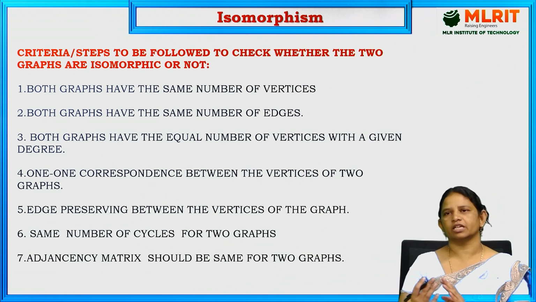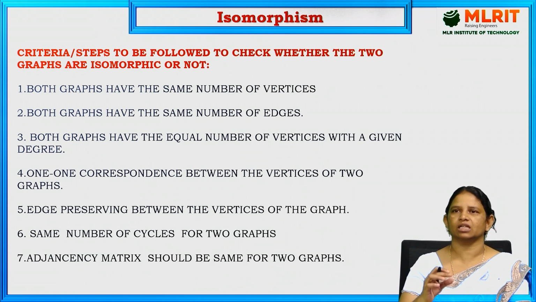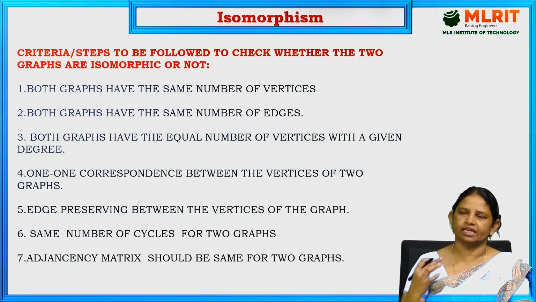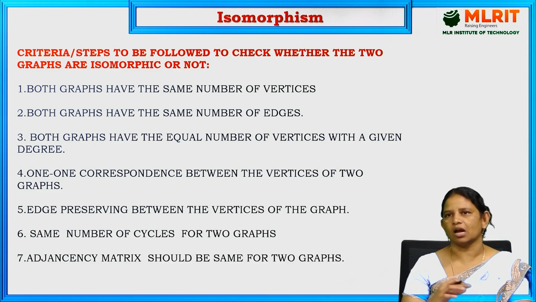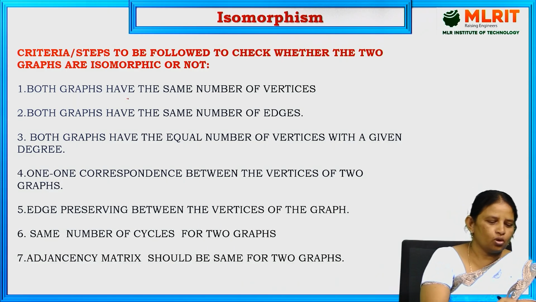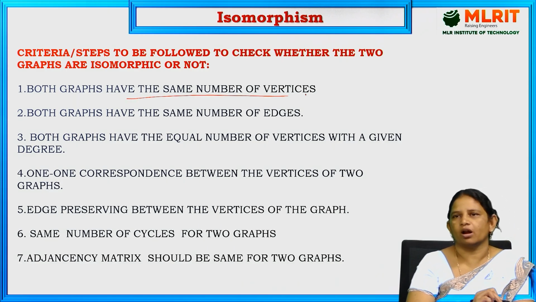Before checking whether two graphs are isomorphic or not, we need to check some conditions. If these conditions are satisfied, then we can say that the two graphs are isomorphic. Otherwise, they are not isomorphic. First condition: both graphs have the same number of vertices.